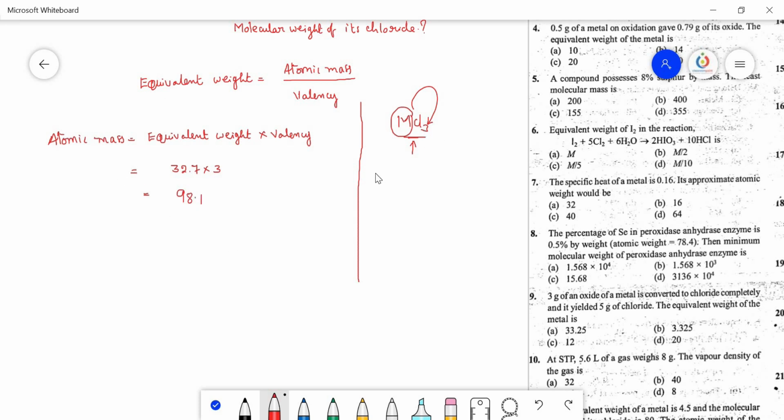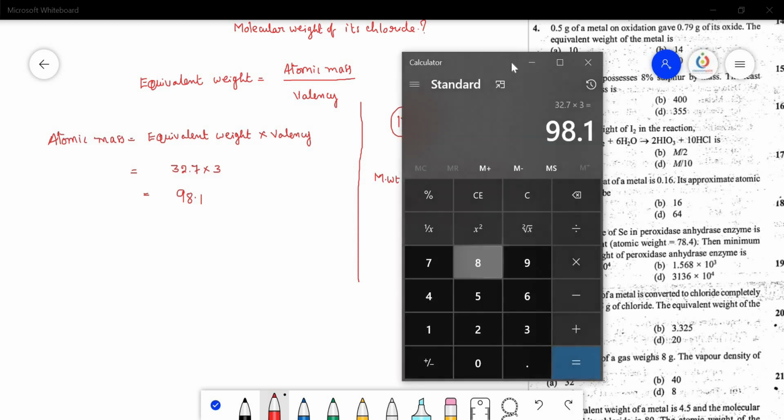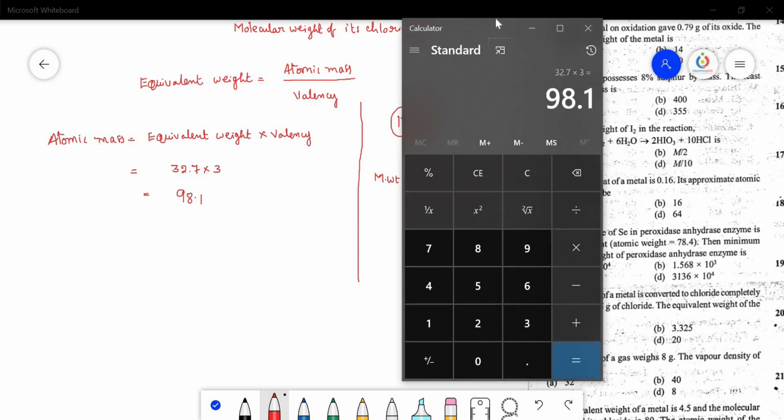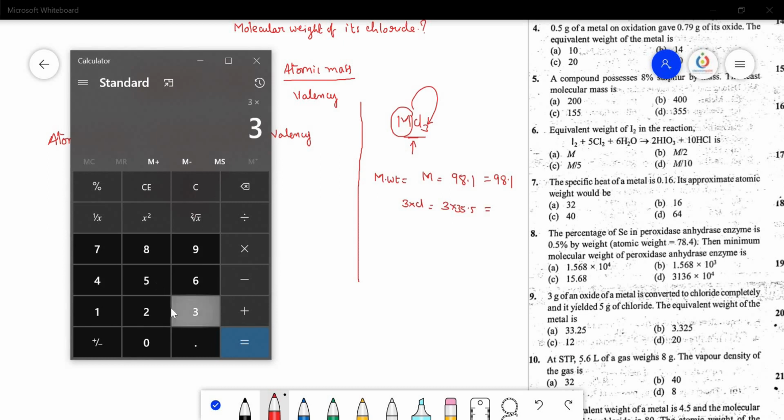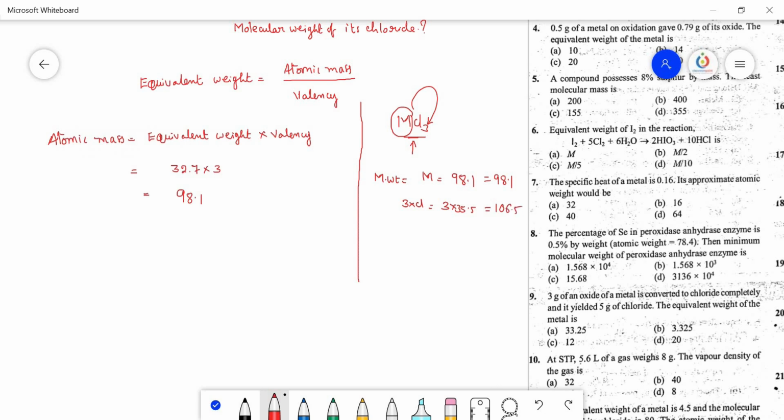Now here 3 chlorines are there. So total molecular weight equals mass of the metal, 98.1, plus 3 chlorines, each chlorine being 35.5, so 3 into 35.5 equals 106.5.